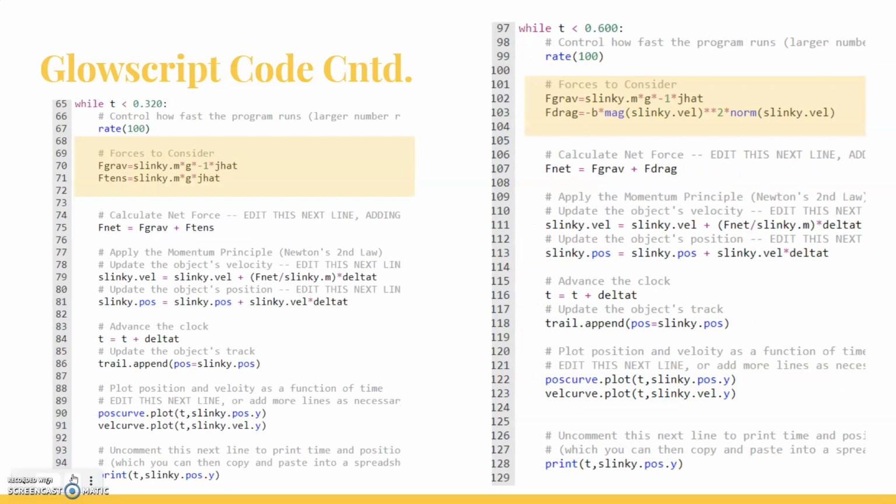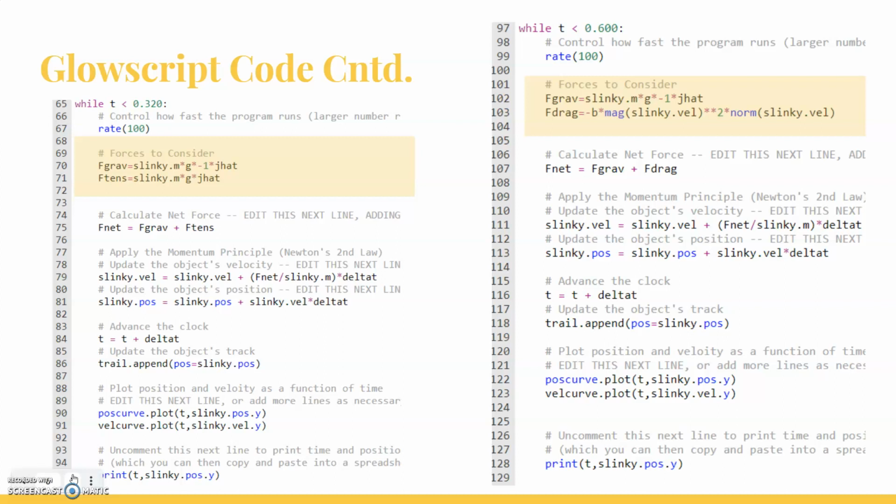As you can see, I used two different while loops. I used one when the timestamp was less than 0.32, and in this I said that the only forces to consider acting on the bottom of the slinky were the force of gravity and the force of tension. However, at the timestamp 0.32, the slinky had fully contracted and there was no longer a force of tension acting upon the bottom of the slinky, and so the two forces acting on the slinky at this point were the force of gravity and the force of drag, so I used those two forces in my second while loop.